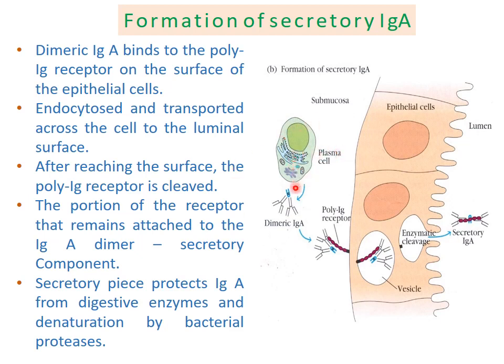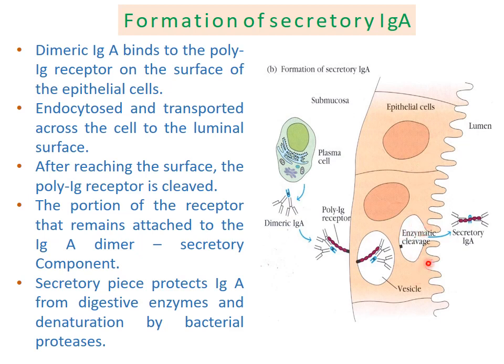First, from the plasma cell antibody is produced. IgA is produced. The dimeric IgA, when it comes to the surface of the epithelial cell, has its receptor, which is called poly-Ig receptor. So after binding with the receptor, it is endocytosed within the cell and transported towards the lumen.